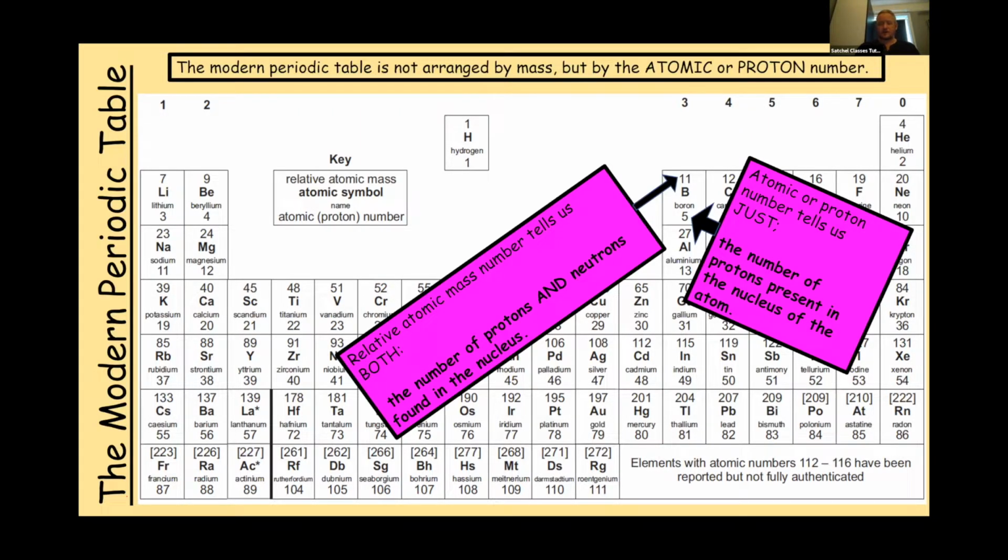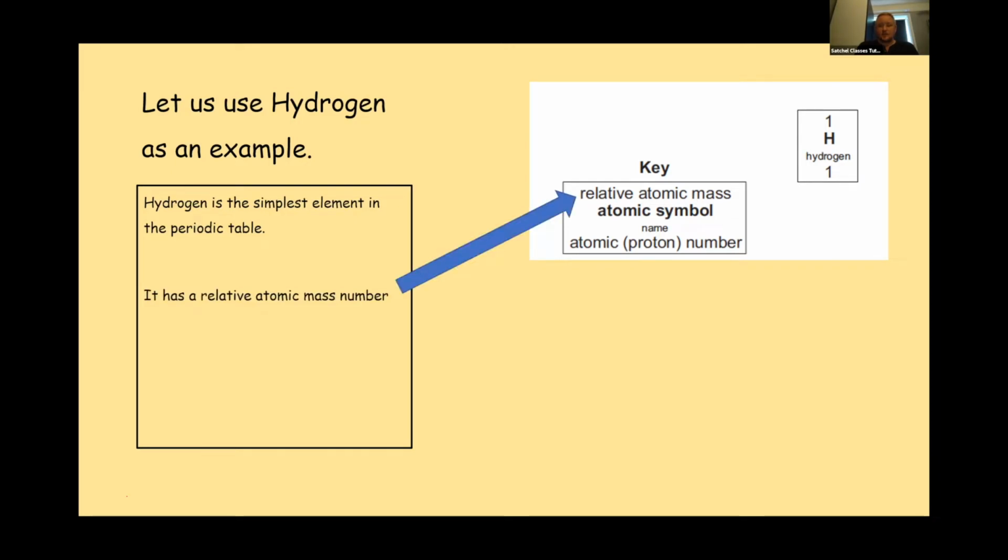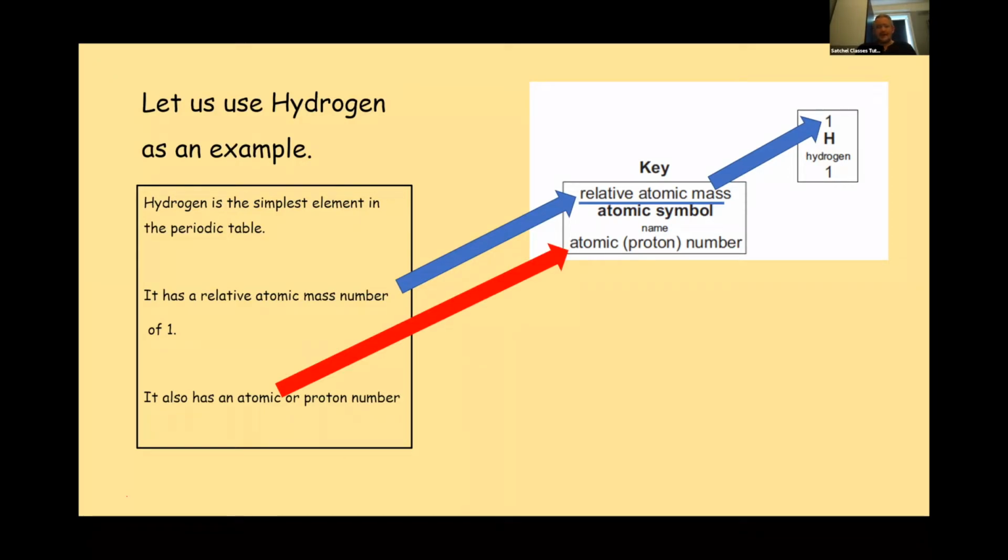So far, so good. Let's use hydrogen as an example. It's the simplest element in the periodic table. It has a relative atomic mass number, and I use my key to identify that that here is my relative atomic mass number, and it's 1. It also has an atomic or proton number, and again, I can use my key to identify that that is also 1.